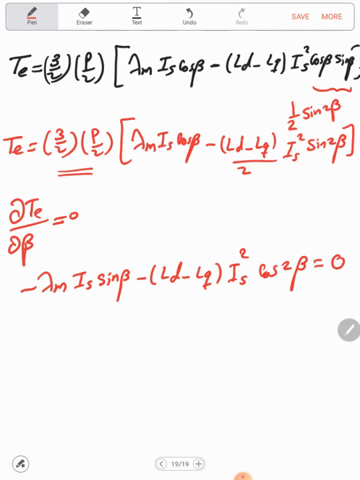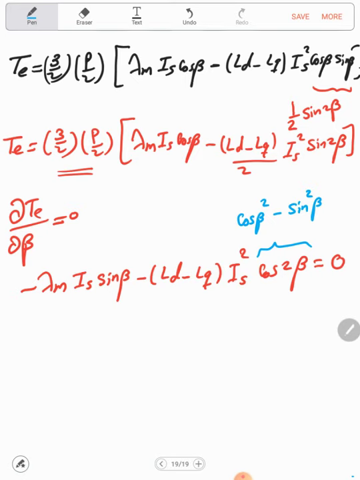Now we know that cosine 2 beta can be written as cosine square beta minus sine square beta.